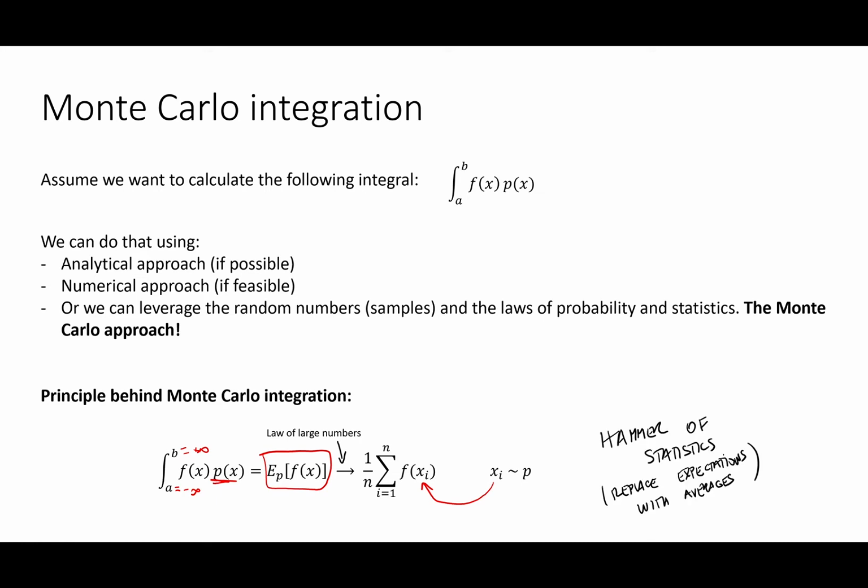I love this quote, which says that this is the hammer of statistics: replacing expectations with averages. This is what statistics is all about. It's just replacing expectations with averages, and suddenly everything works. So this is a prime example of how Monte Carlo integration works in practice.